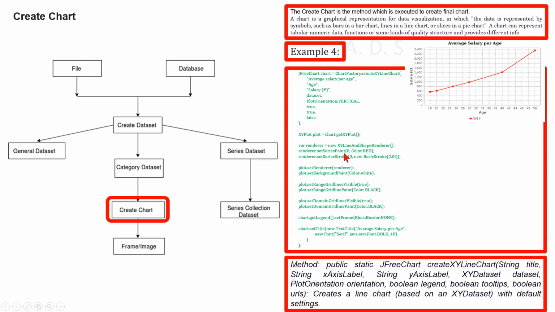This is the series index, 0 based, and this is the paint, null permitted, here Color.red.